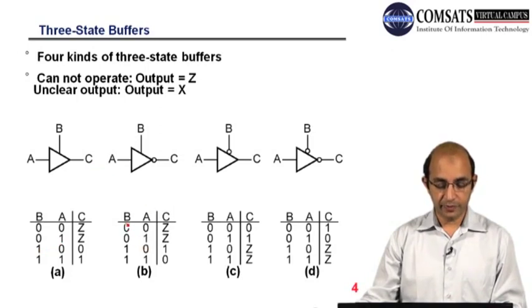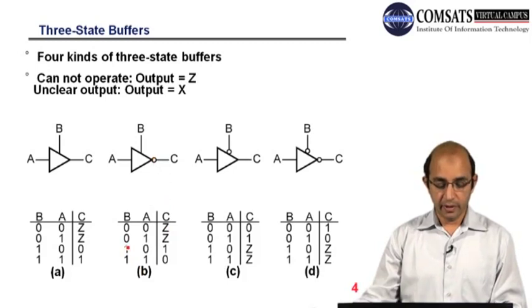Here we have the same number of variables, and we have used the same names: B as the control input, A as the actual input, and C as the output. But the difference is we have a bubble here that represents the complement. Irrespective of the values of A, whenever we have B low or 0, we will be having the high impedance, or you can take it as an open circuit.